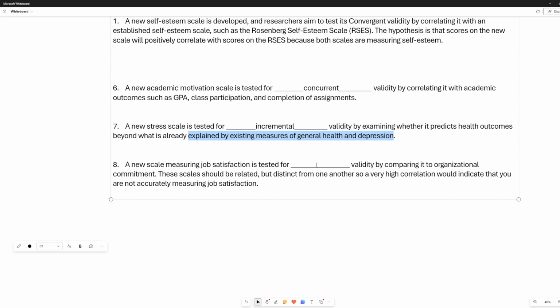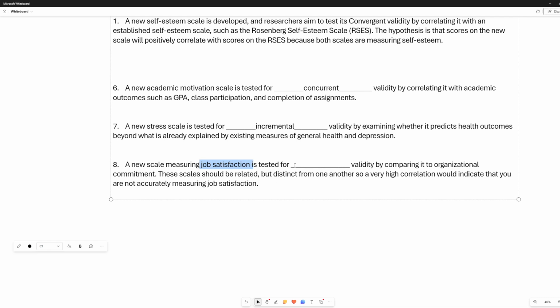And then the last one here, a new scale measuring job satisfaction is tested for what type of validity by correlating it to organizational commitment. These scales should be related, but they should be distinct from one another. So a very high correlation would actually suggest that you're not accurately measuring job satisfaction. You'd be measuring potentially something else, because if it was super highly correlated, then we would start to worry that we're actually measuring organizational commitment rather than job satisfaction.